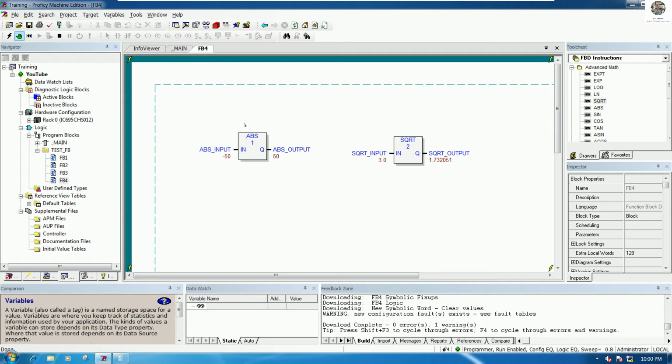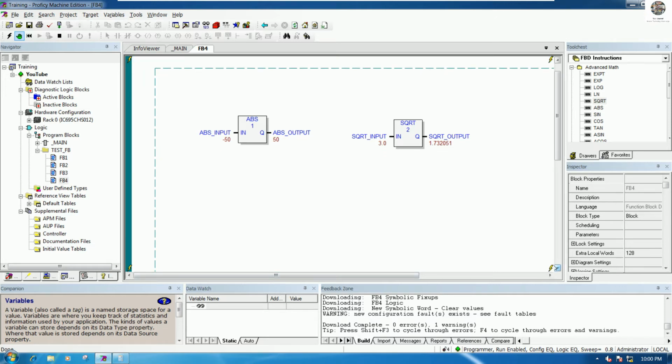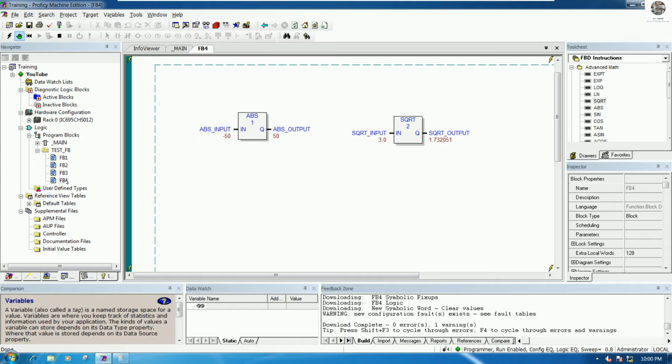Yeah, it is the previous video for this one, and in this section I will not create a new FB file. I just drag and drop the exponential to test in here.